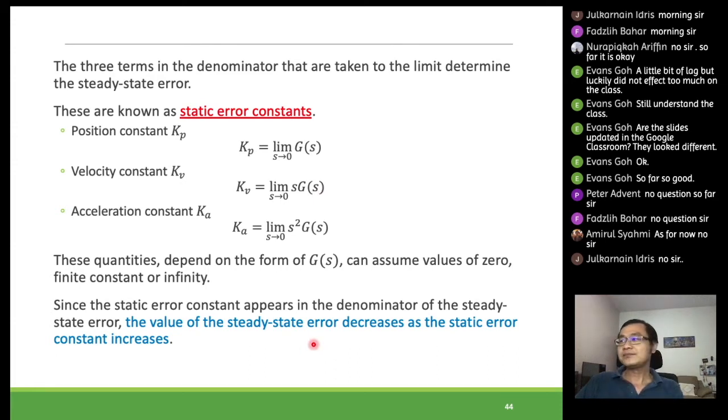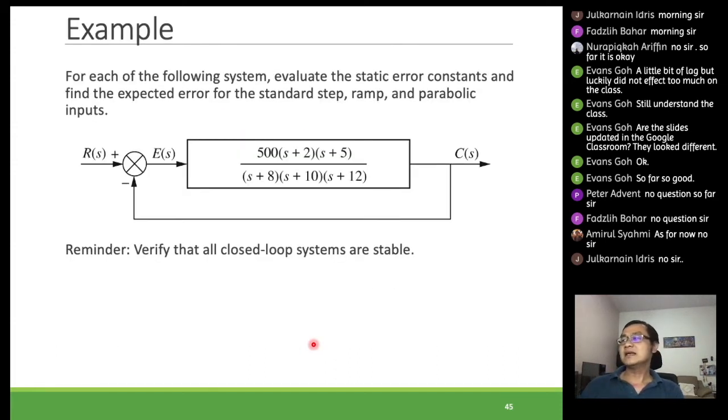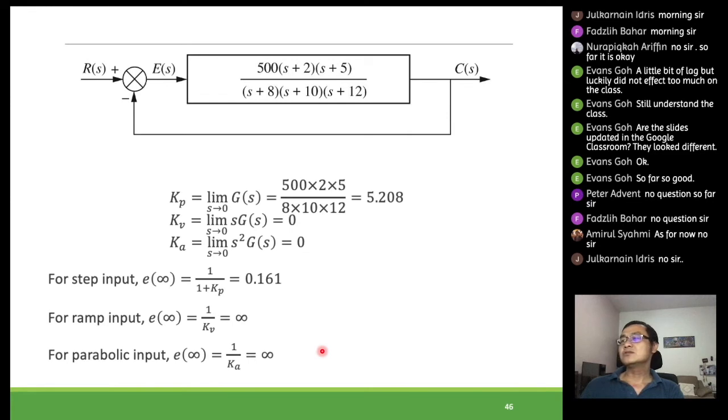Here is an example to evaluate the static error constant and find what is the expected error outcome, right? So very straightforward. You just have to put it in and calculate the constant itself.